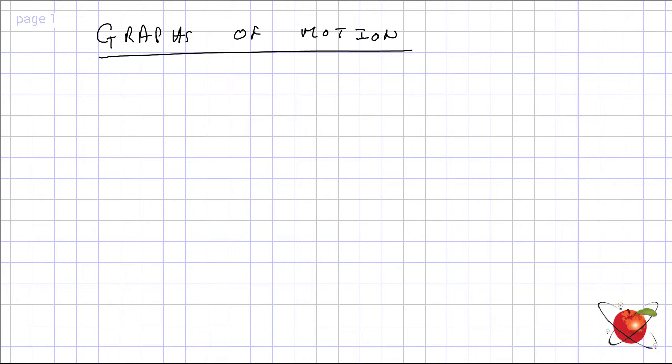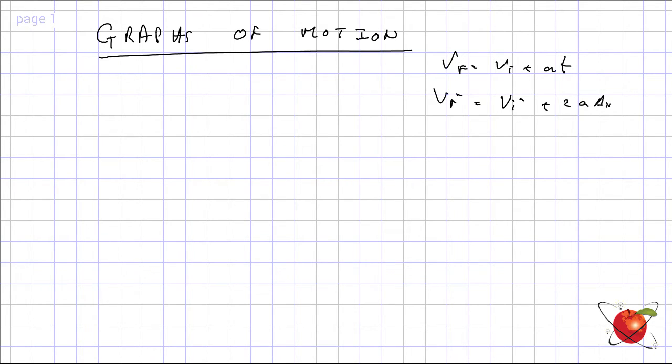Let's just have a look at something. Remember back to our Newton's laws of motion. We had V final equals V initial plus AT. Vf squared equals Vi squared plus 2A delta x.